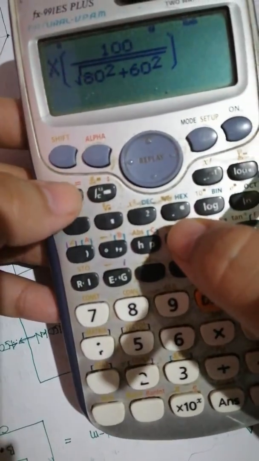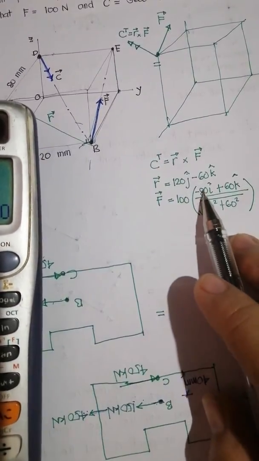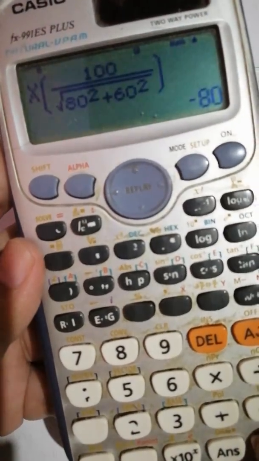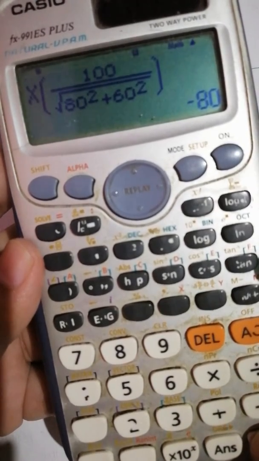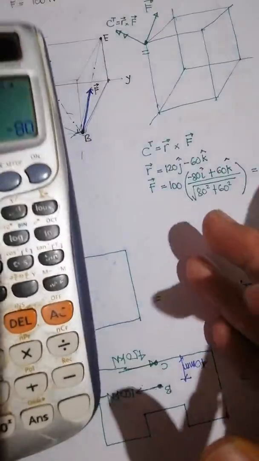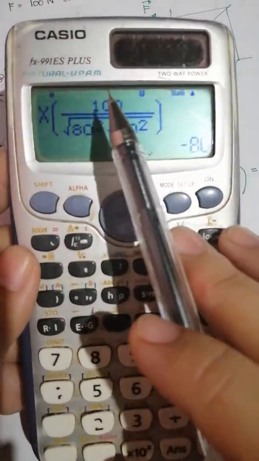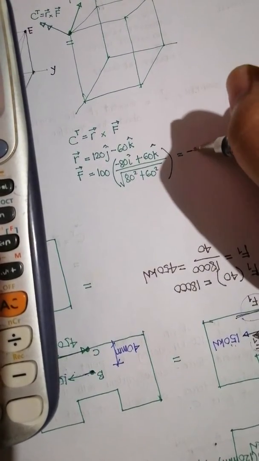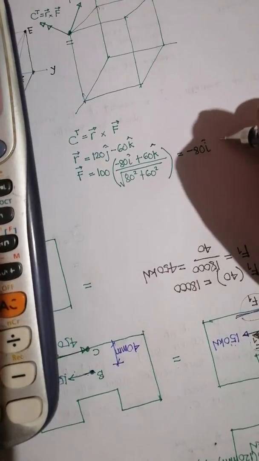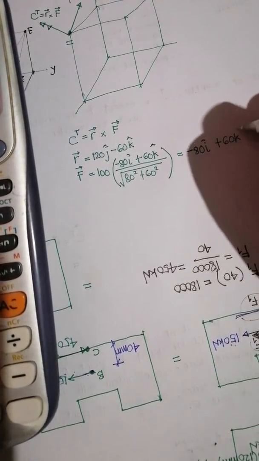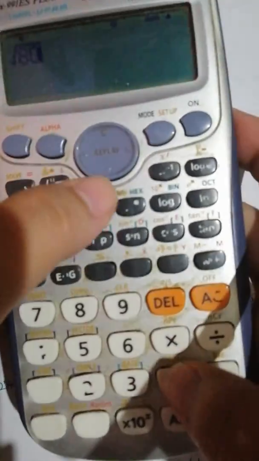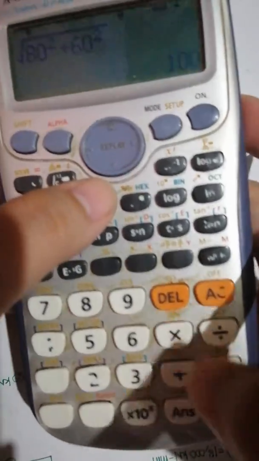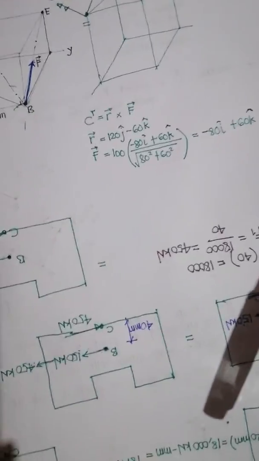For x, the first one is negative 80, so still it's negative 80 i, and we have plus 60 k hat. By the way, the square root of 80 squared plus 60 squared is actually also equal to 100. So that's why.